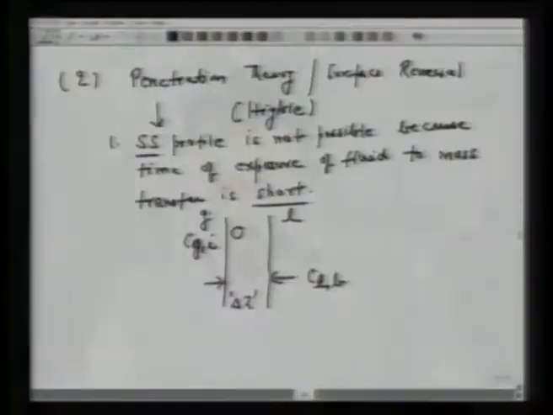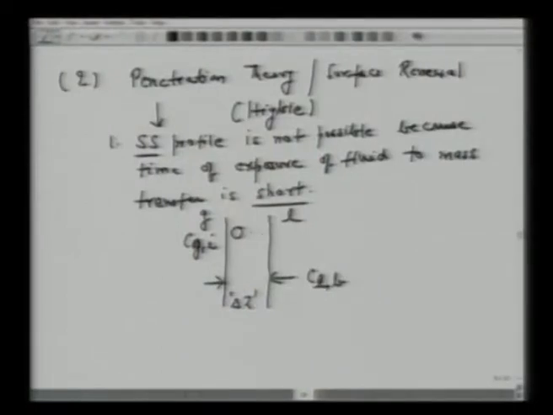Turbulent, very high Reynolds number. We have these eddies which move within the bulk of the fluid. They keep on moving within the fluid, and penetration theory says that these eddies come to the surface, they spend some time here, and then they go back to the bulk.